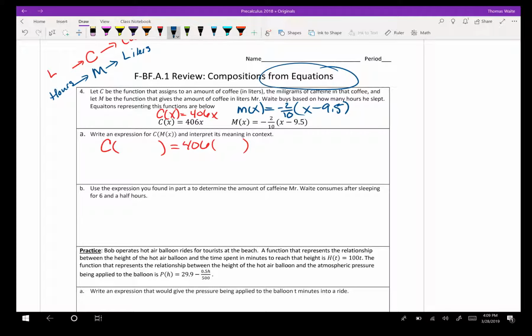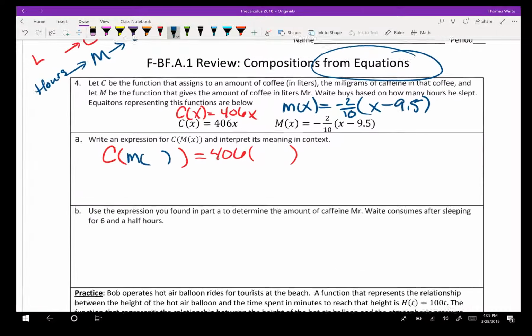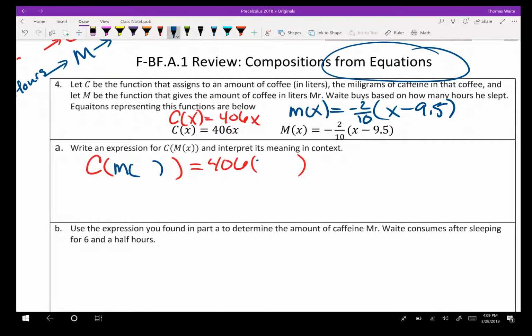Next in blue, our M function, M of some input. M says do negative 2 tenths times some input minus 9.5. I'm going to make more space here, and then add a little bracket for our input.